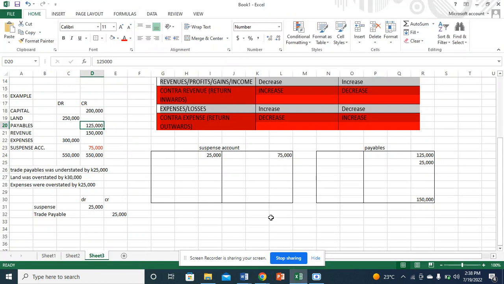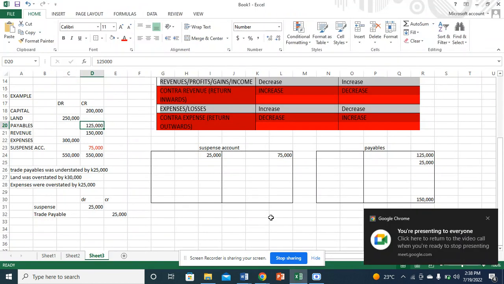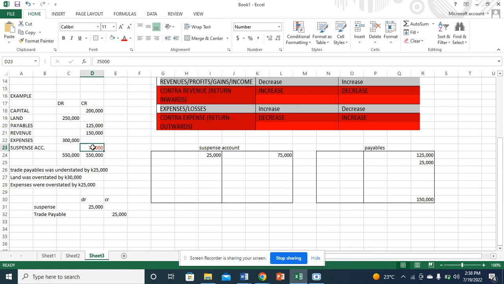Before we go far, how have we gotten the 75,000? When we try to make this trial balance here, let's total them up. On the debit side is 550,000.